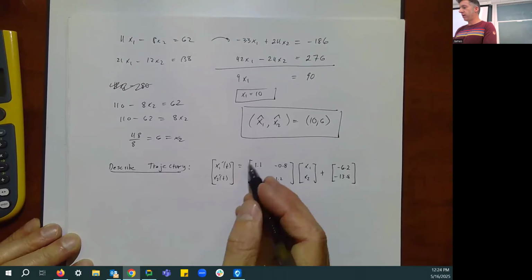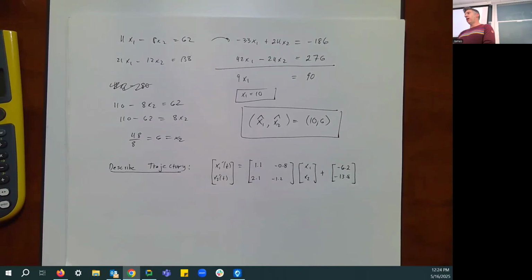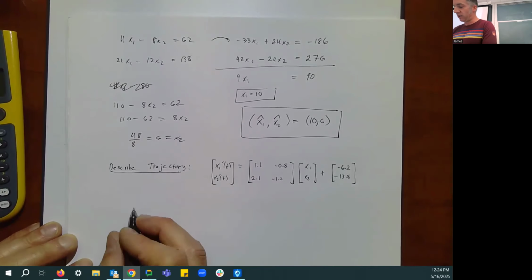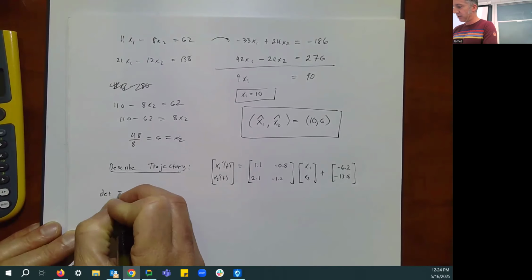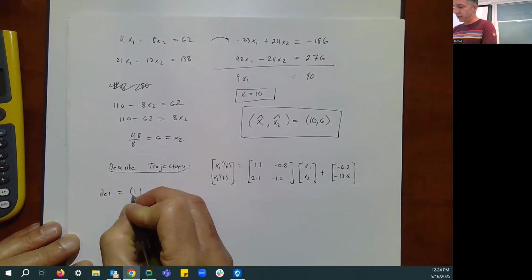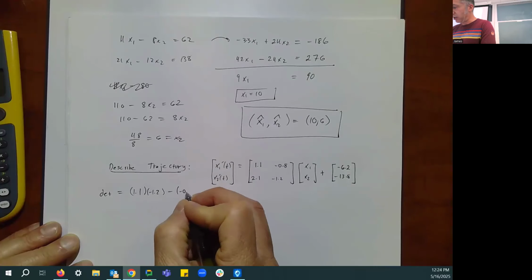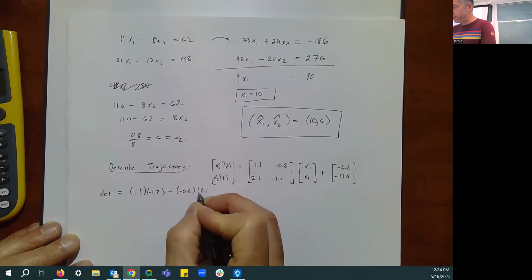So looking at our matrix here, I would probably first try to do it the easy way. I would look at the trace and the determinant. My determinant is 1.1 times negative 1.2 minus negative 0.8 times 2.1.